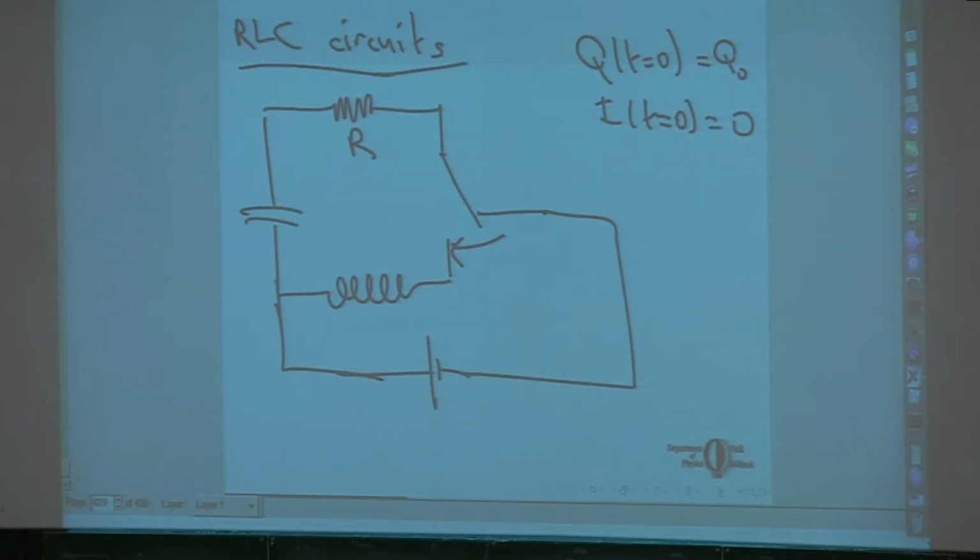Or you can move this switch to this position before the capacitor is fully charged. In that case, you would also have some initial current, and some initial charge on the capacitor, etc. So you can get a configuration in which at a given instant there will be some current running in your circuit, and the capacitor will be charged.